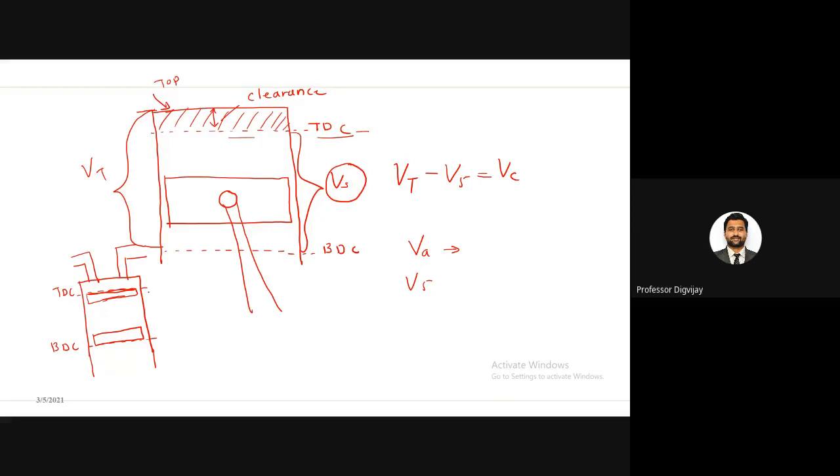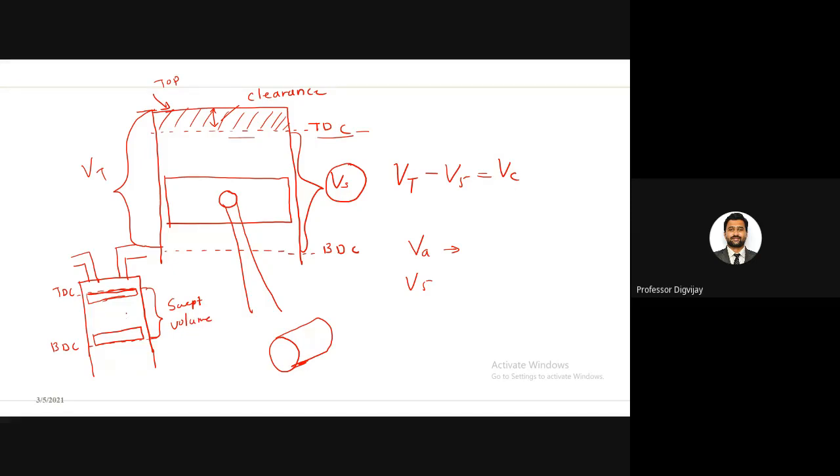Now whatever volume is between the TDC and BDC, this volume. This is again one cylinder, right? If I draw a 3D diagram, this will be your cylinder, and inside the cylinder there will again be a piston. This volume between the TDC and BDC, we refer to as the swept volume. We already studied all this in IC engines.